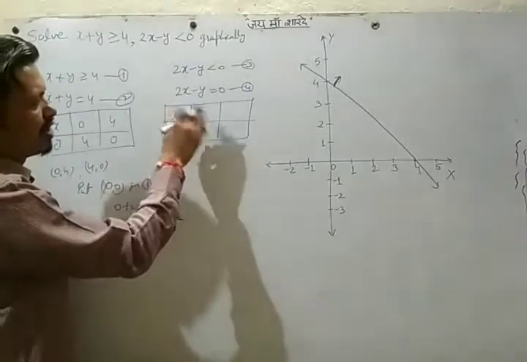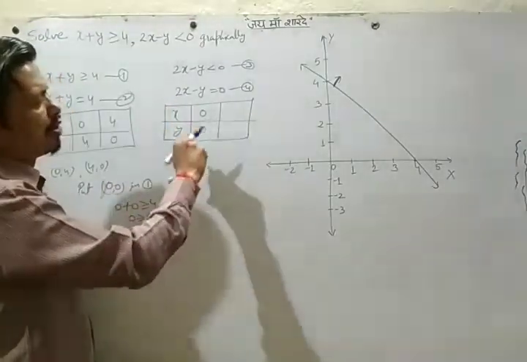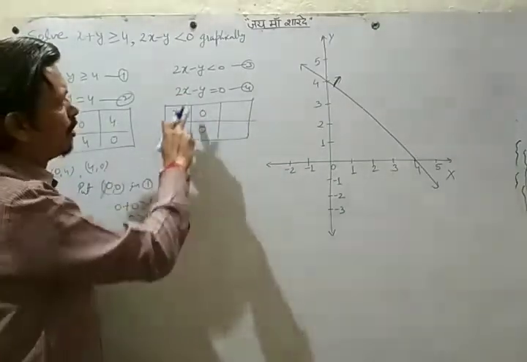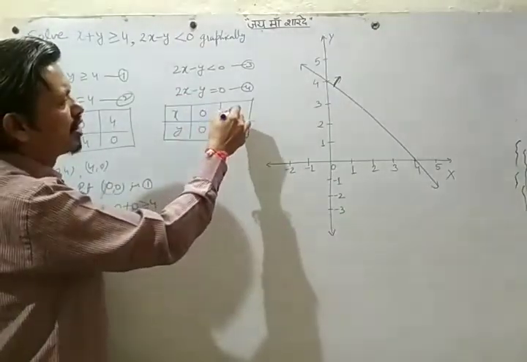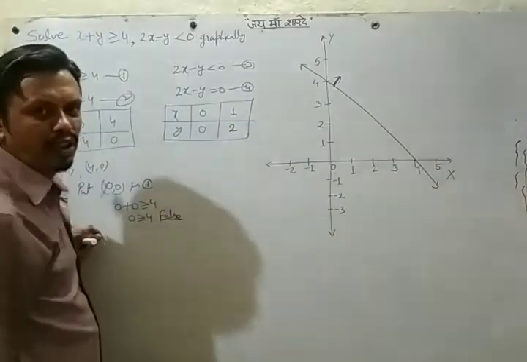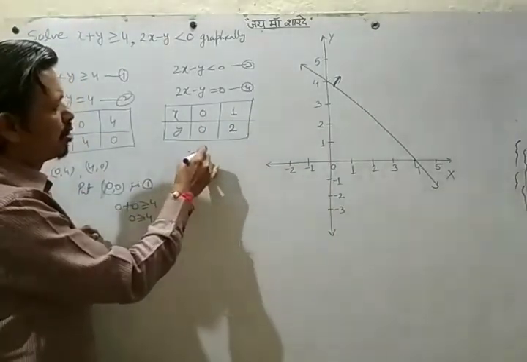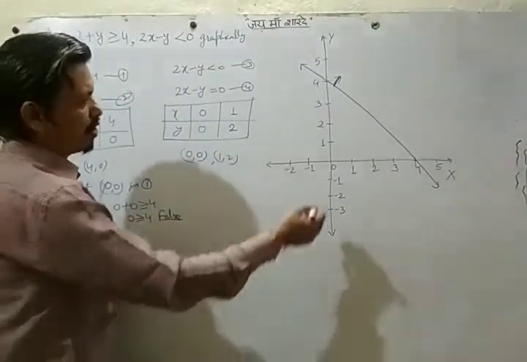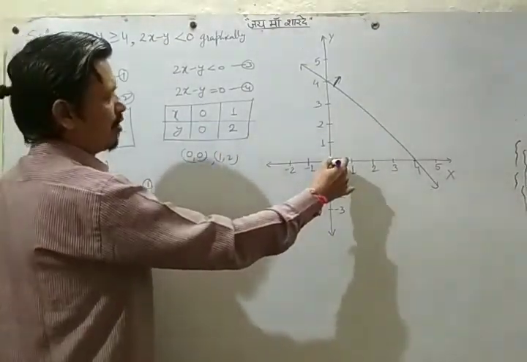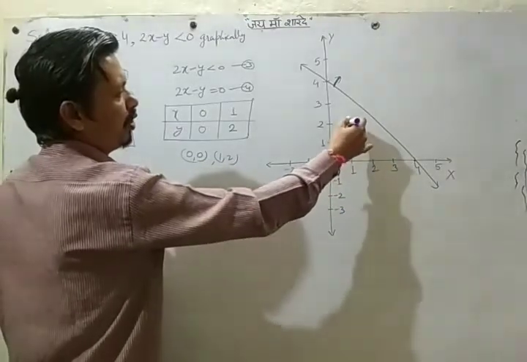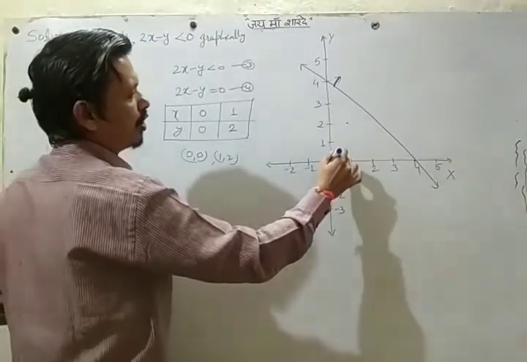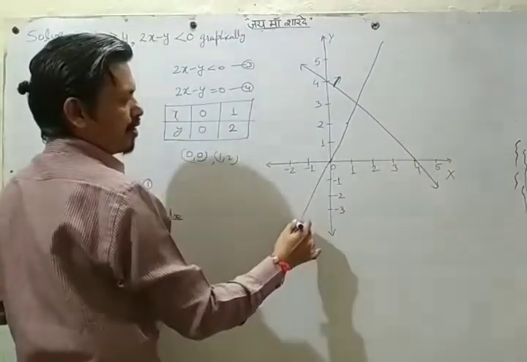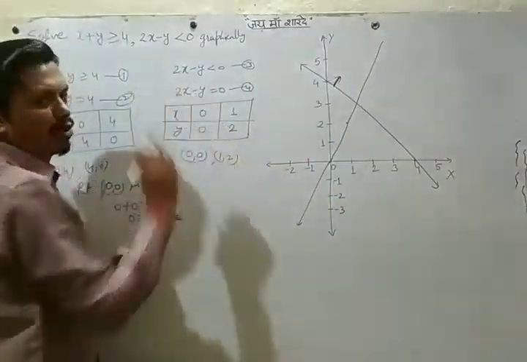So now we cannot put y equal to 0, so you can take any other value. If x is 1, y will be 2. So the line passes through the origin and (1, 2). So its graph: origin (0, 0) and (1, 2), x 1, y 2. This is the point, so its graph will be this.